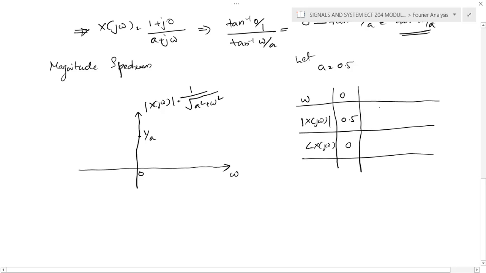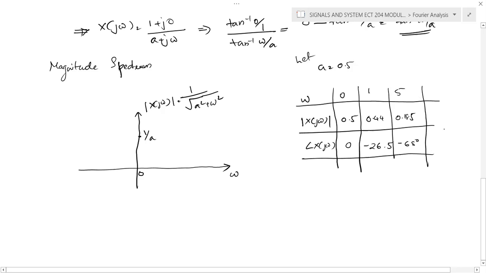For 1, you will get 0.44 something, and here the angle becomes minus 26.5. Similarly, if you try some other values in the calculator, you will get 3, 4, 5, etc. I already mentioned we don't require any exact value. I need an approximate graph. And similarly, you can try 5. When you try 5, it's 0.185, and the angle is minus 68 degrees.